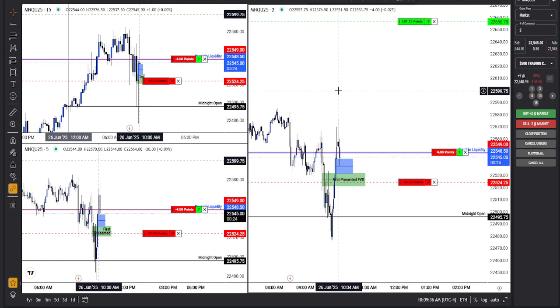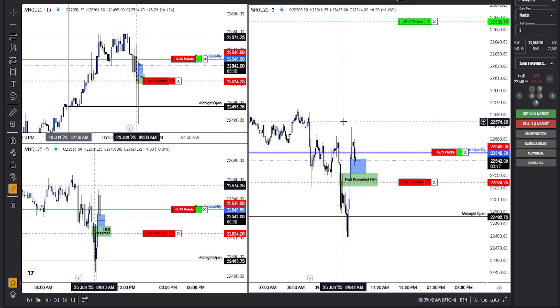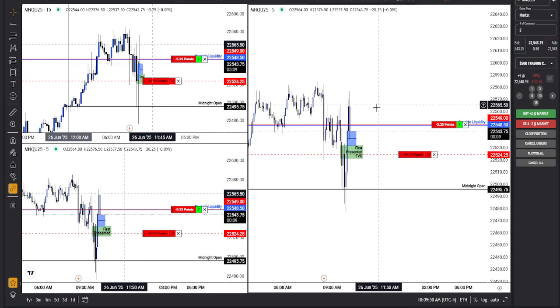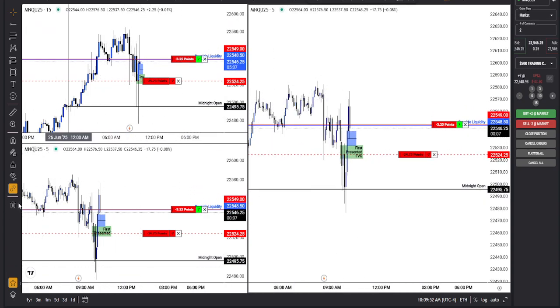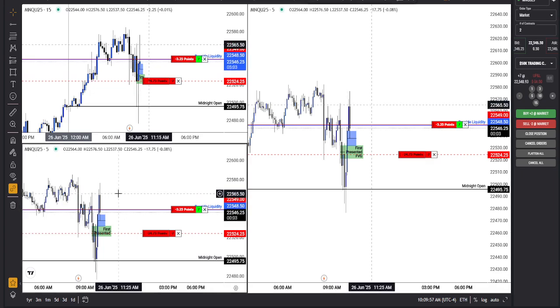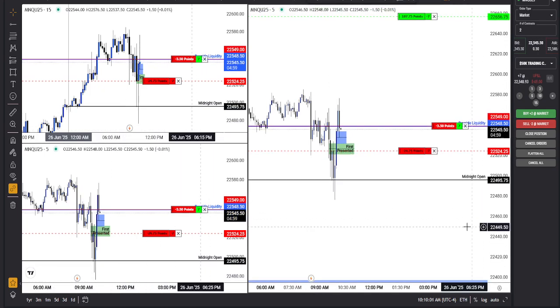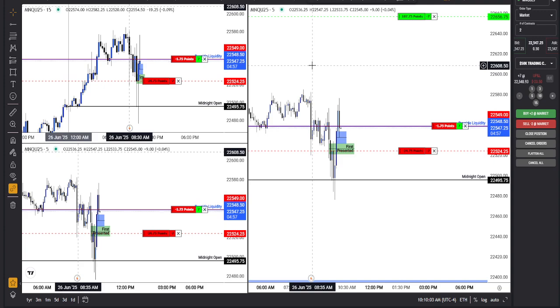And even ES is moving higher too. You kind of have to just see how this is playing. I want to clear my chart a little bit, but let's see how this plays out.